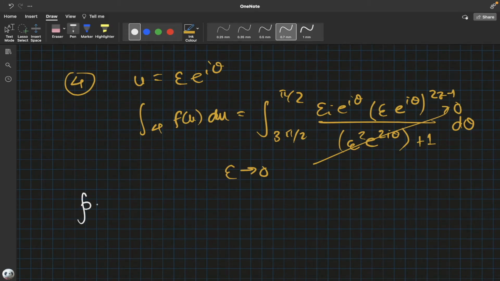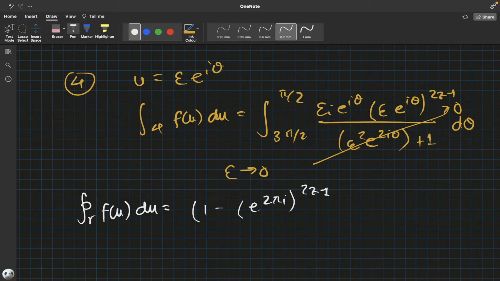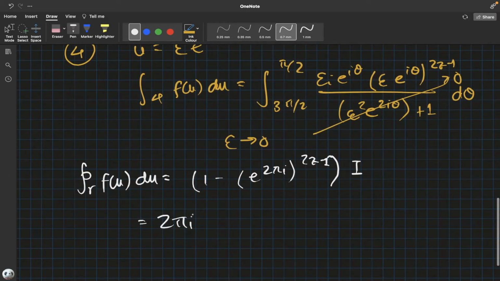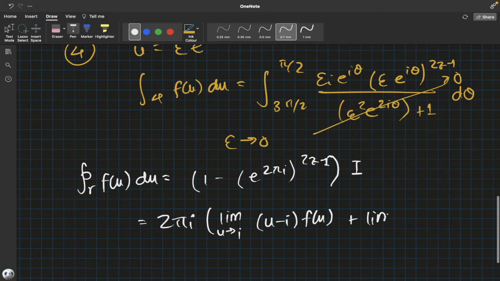So finally, we connect everything together. We have 1 minus e to the 2 pi i to the 2z minus 1, times capital I, is 2 pi i times, well, there are two residues, one at i and the other at minus i. So the limit as u goes to i of u minus i times f of u, plus the limit as u goes to minus i of u plus i times f of u.